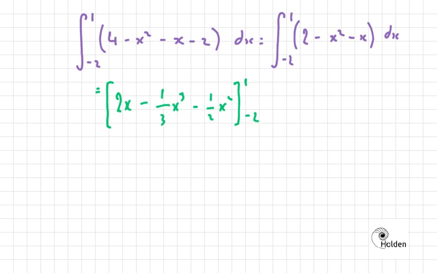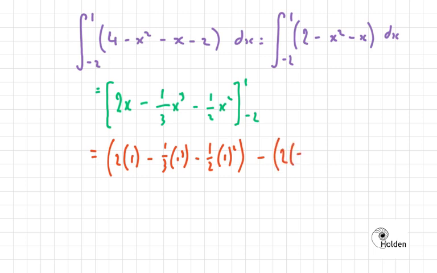Now we just need to substitute the numbers in. So we have 2 times 1 minus 1/3 of 1 cubed, minus half of 1 squared, minus the bracket 2 times minus 2 minus 1/3 times minus 2 cubed minus a half times minus 2 squared.